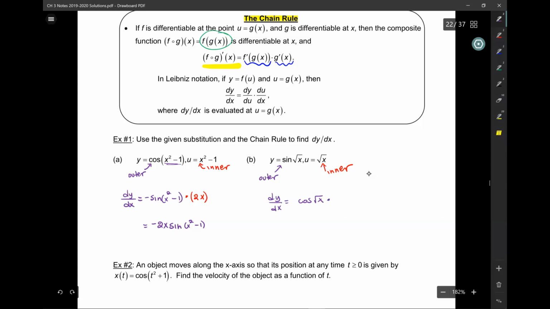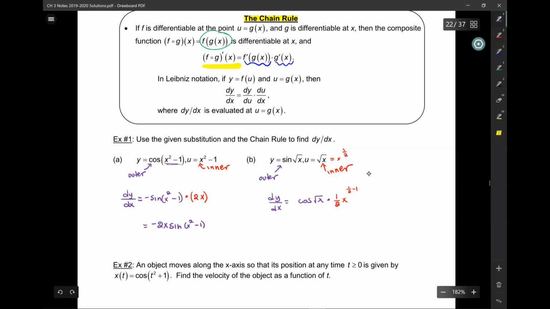And then times, okay, the inner function is root x, which is x to the half, right? So now I need to take a derivative of x to the half. In the beginning especially, it's worthwhile to just write it like that. So the derivative of x to the half is 1/2 x to the negative 1/2 because you subtract 1. So it's going to be 1/2 times x to the power of 1/2 minus 1. You bring down the power and you subtract 1.